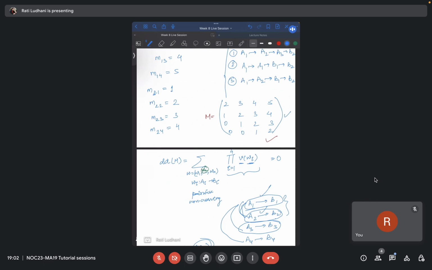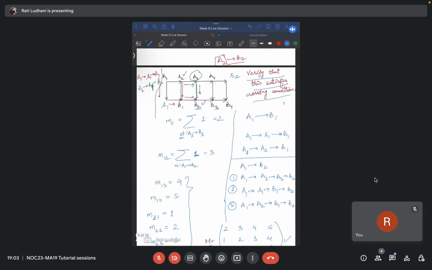If you see what I did, I took a significant amount of time to calculate the entries of M rather than the determinant. Determinant could be calculated very easily because you just see the graph, you check the non-crossing things, and then you are done.